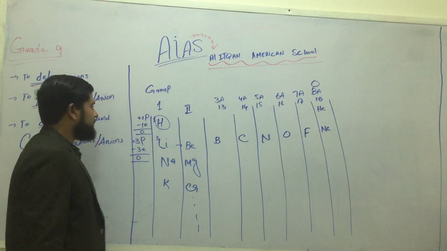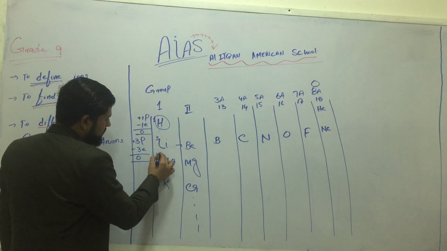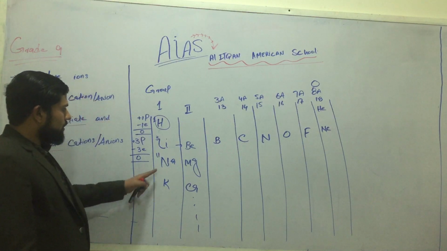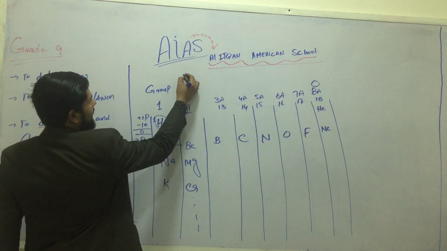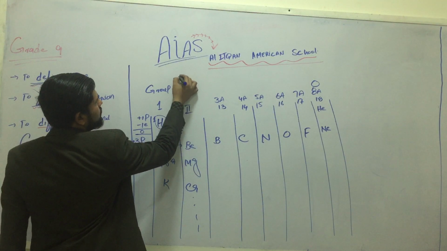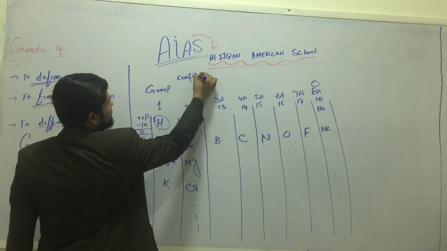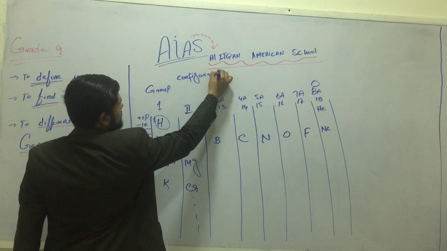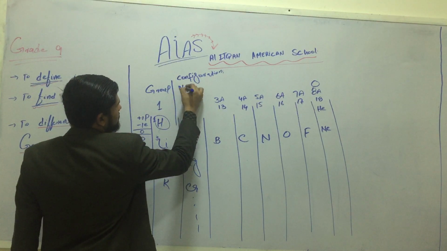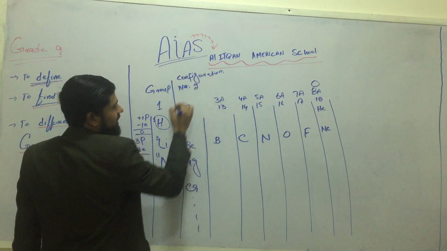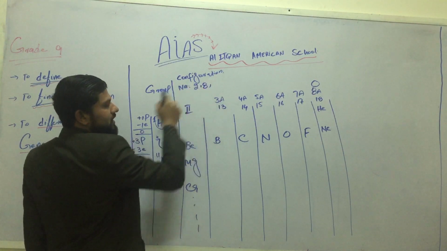because they want to get in most stable form. So what they will do, for example, let's talk about sodium. Atomic number of sodium is 11. So in first shell, if we talk about configuration, if we talk about sodium, that would be first shell 2, yes, and second shell 8, 2 and 8, 10.